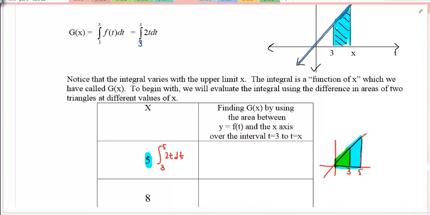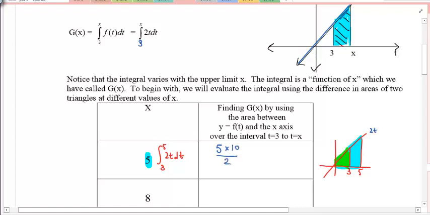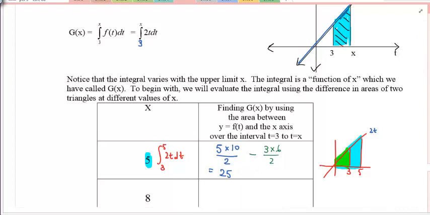So if I take the larger triangle, the base would be 5. The height, because it's 2t, is 10. And I'm going to divide that by 2. And I'm going to subtract from that the smaller triangle, which just happens to be 3 times 6 divided by 2. Doing these calculations, it's 25. This is 9, so 25 minus 9 gives me this area, which is 16.